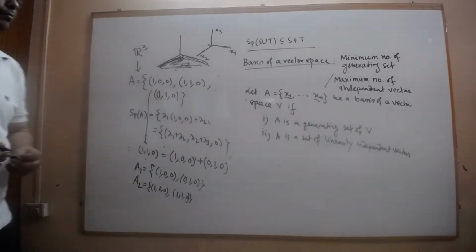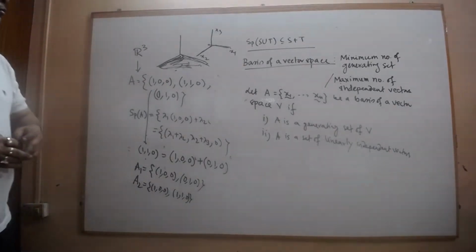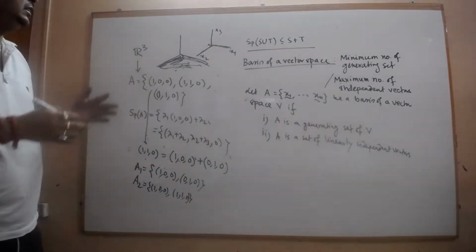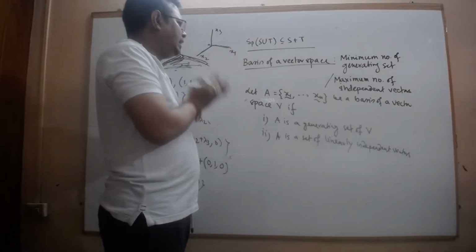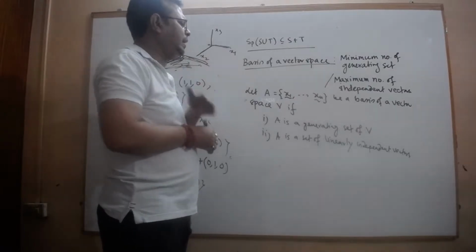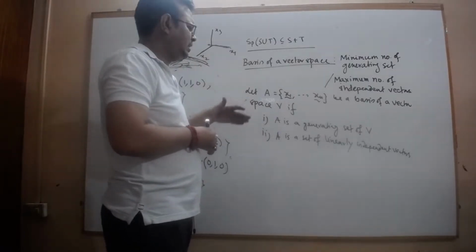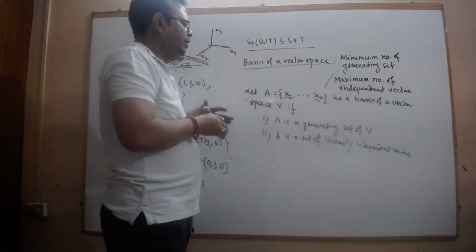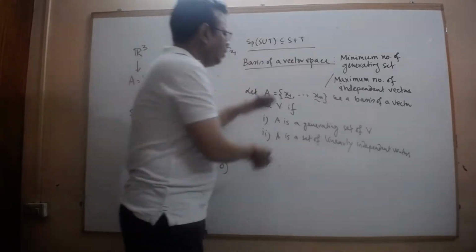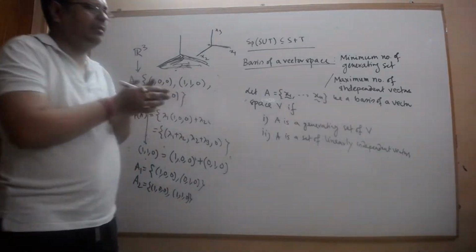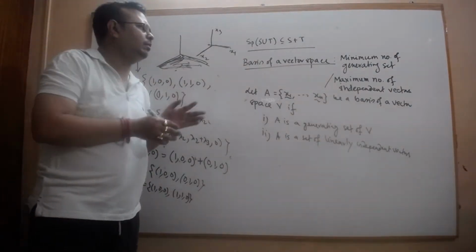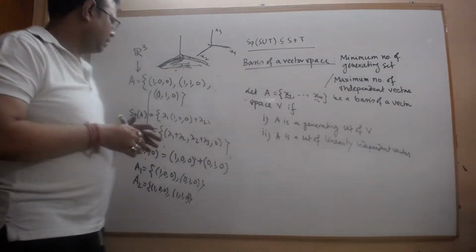So the basis of a vector space is a set of vectors which generates the vector space as well as is a set of linearly independent vectors. If you combine these two things, then this is a minimum generating set or maximum independent set.